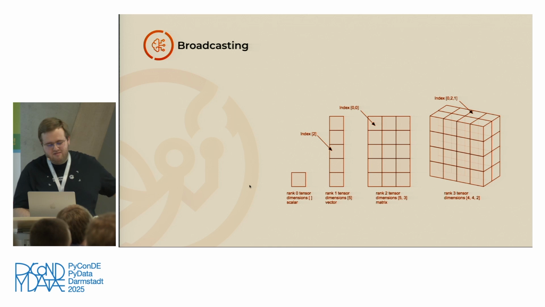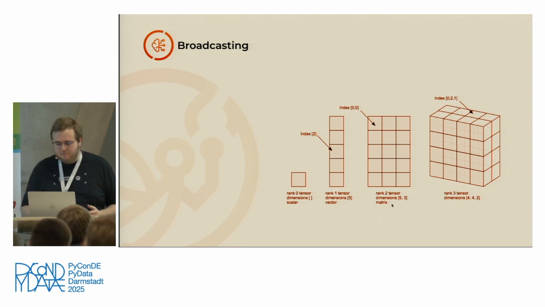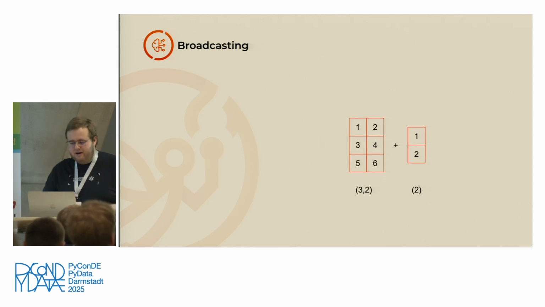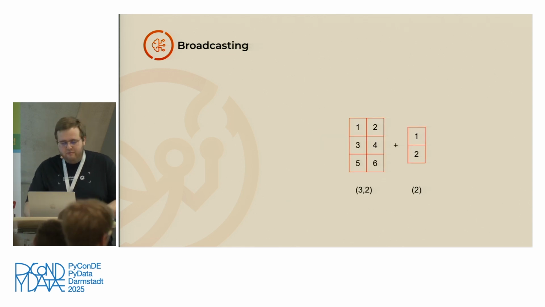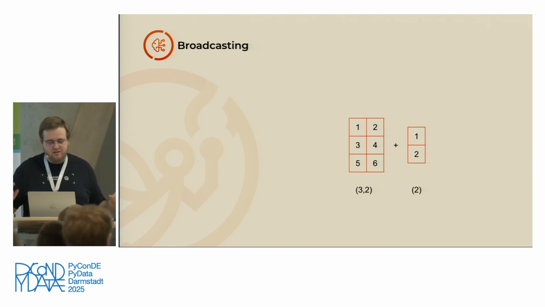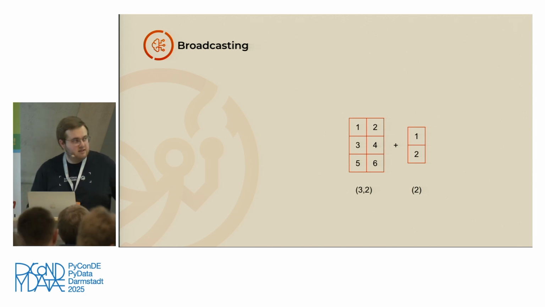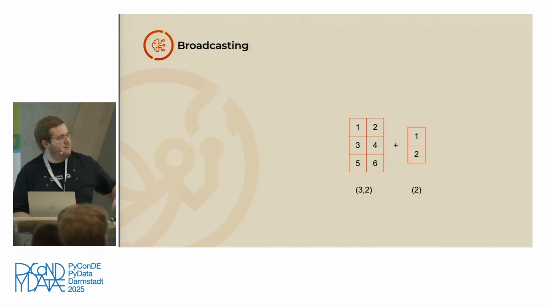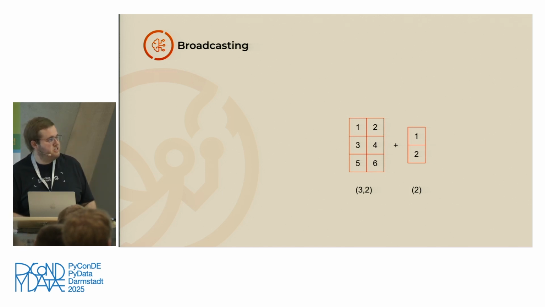So rank 0 tensor is a scalar, rank 1 tensor is a vector, rank 2 tensor is a matrix, and so on. And sometimes we might have a situation where we want to have a binary element-wise operation over two tensors of mismatching shapes or even ranks. For example, here, how can we calculate that? And an answer is that we need to broadcast our tensors to the same shape.